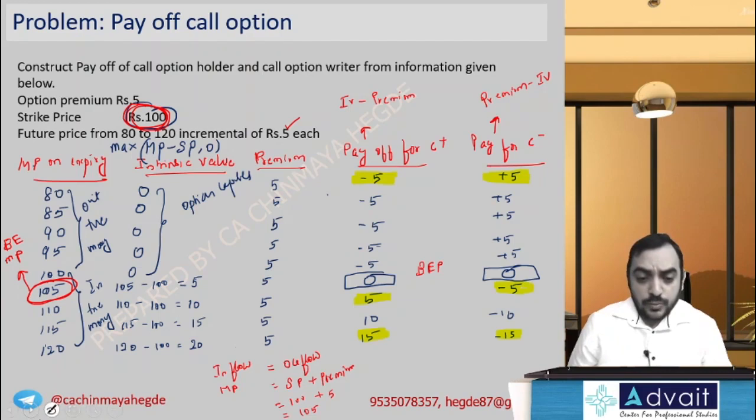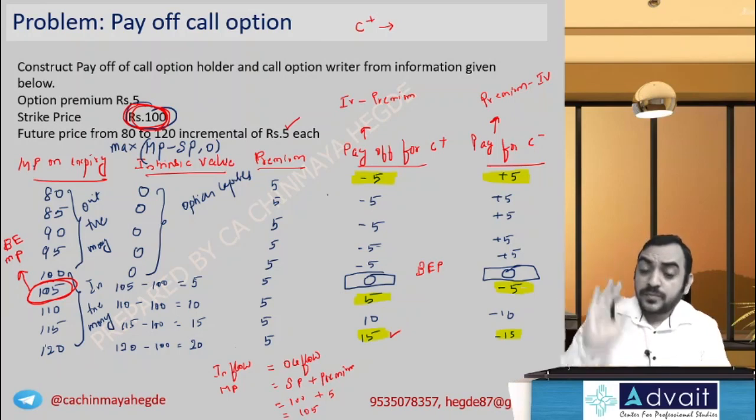One more thing I'll discuss here, for the holder, for the call option. Can you please tell me what is his maximum profit in this example? Is it 15 rupees? If the market price goes up further, how much will his profit be?